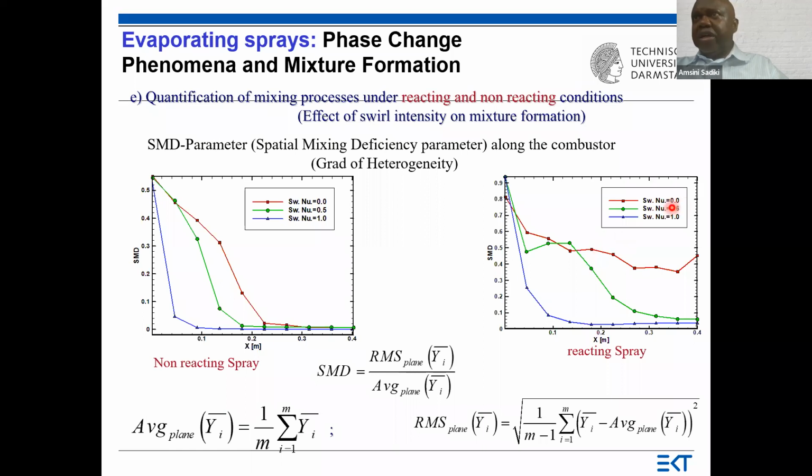And if we are at this position 0.5, we get it at this position, very late. And without swirl, you see that we get the homogeneity very, very late, and it will not reach the degree we can get with the swirling.